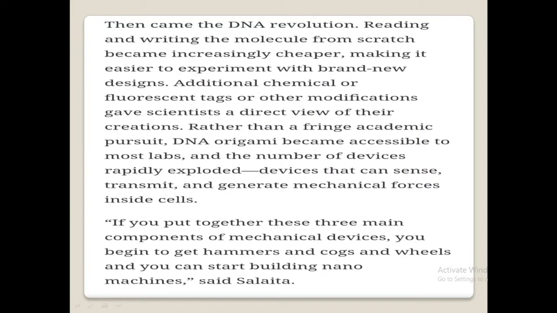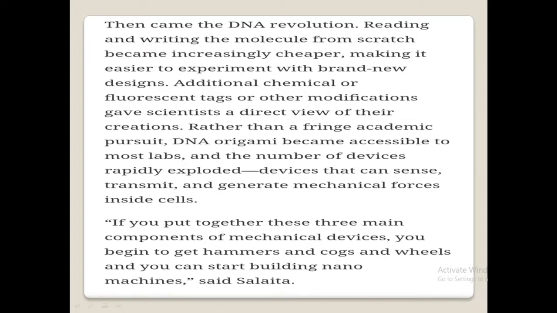Then came the DNA revolution. After that, a revolution in DNA came. Why did he select DNA? Because DNA is a nanoparticle. That is the advantage. After this cube formation, the DNA revolution happened.